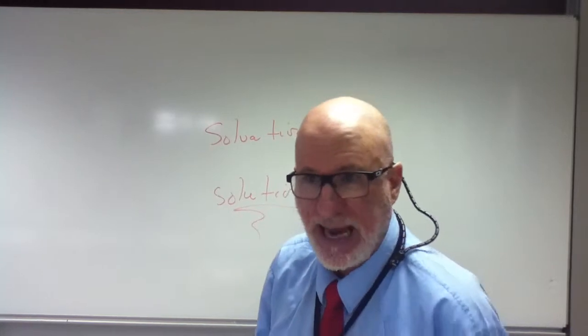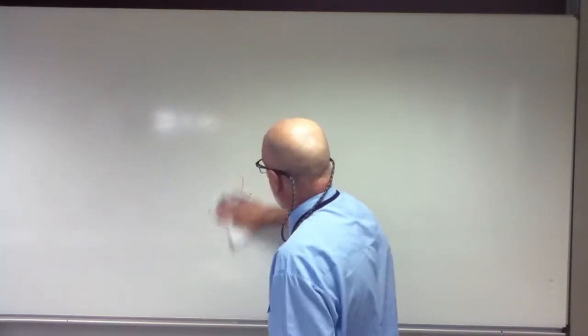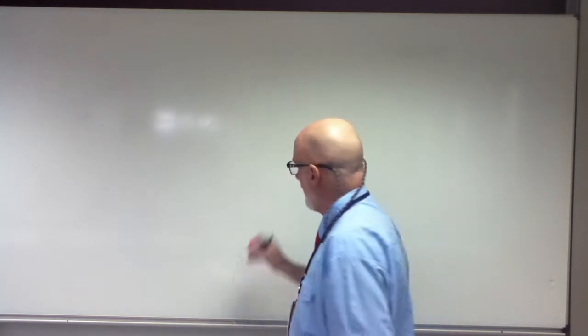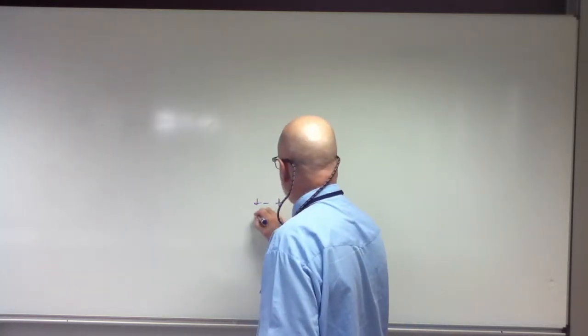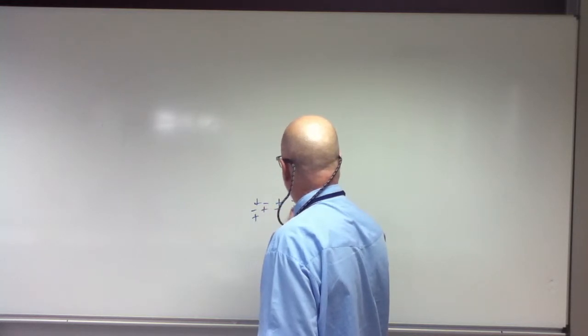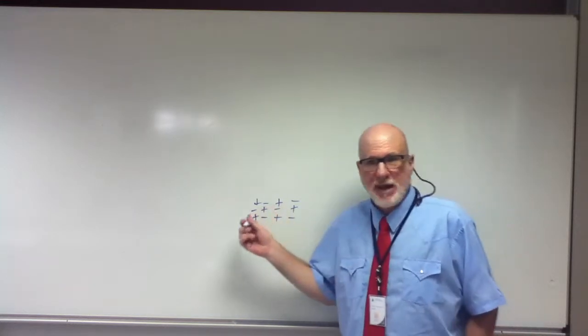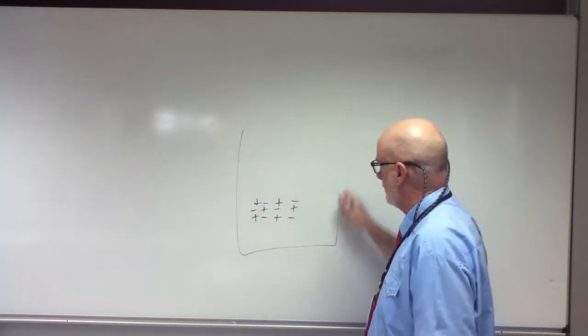Now, how does this water work? How does it create this single set of physical boundaries? How does it do it? Well, I have these plus minuses, these ions. I have these ions at the bottom of a beaker, right?